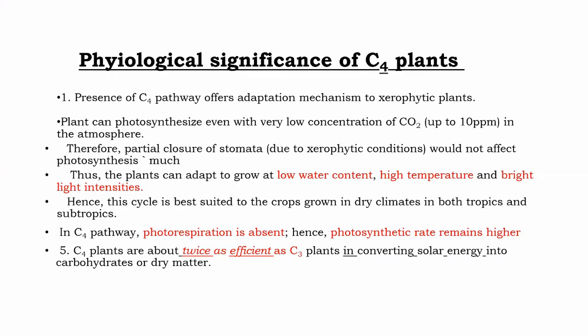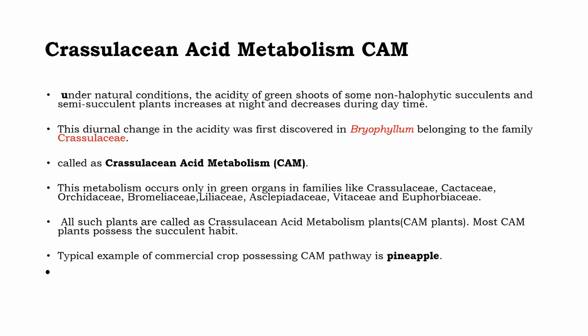Now I am covering the third one, CAM plants. What do you mean by CAM? Crassulacean acid metabolism. There is a peculiar metabolism which causes it. In natural conditions, some succulent plants produce acid in the night.